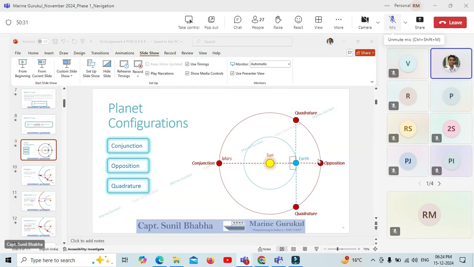Now you see when Mars is in opposition, beta. Look at the opposition. Tell me what will be the elongation of Mars at opposition? 180. 180 degrees. That was what I was saying, right? Yes, sir. Clear now, beta? Yes, sir.